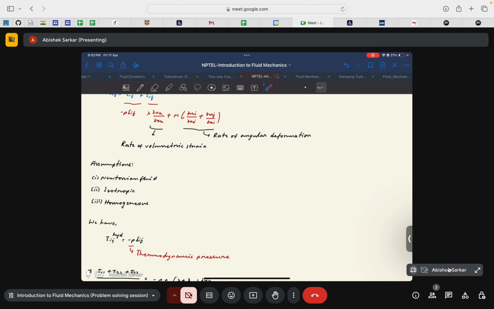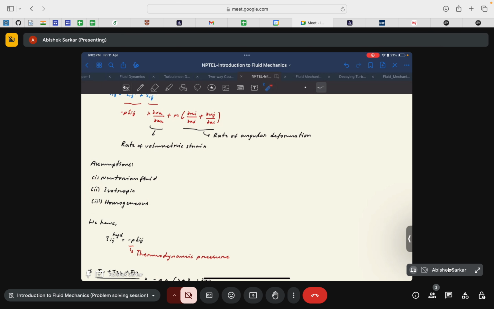To simplify the relation, we imposed the assumption of isotropic and homogeneous fluids.